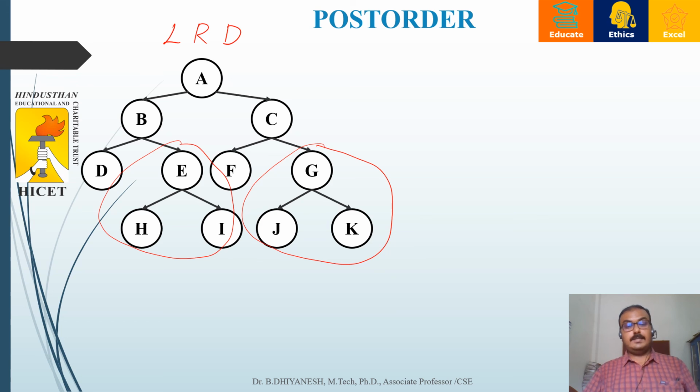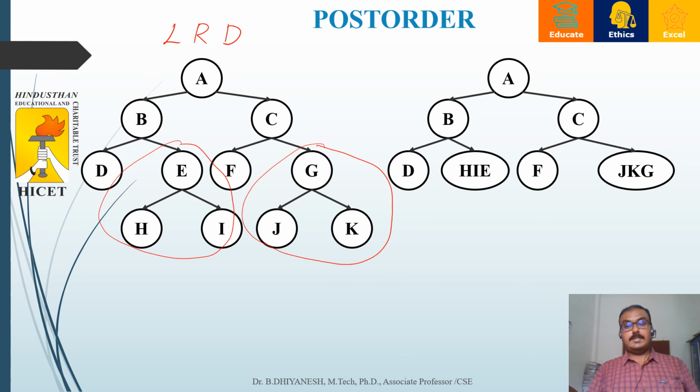So left is H, right is I, and root node is E. Similarly here, left is J, right is K, and root node is G. So H, I, E, J, K, G. Let me look at the answer.